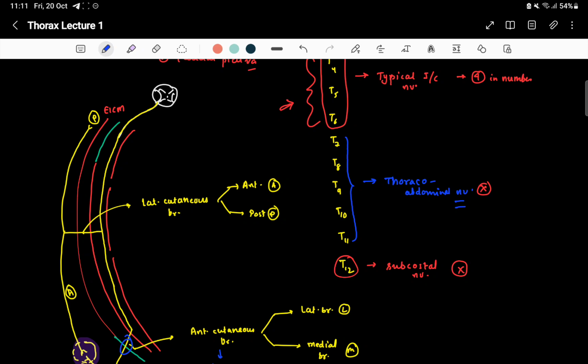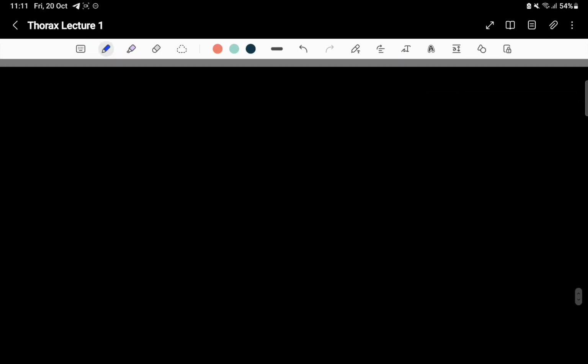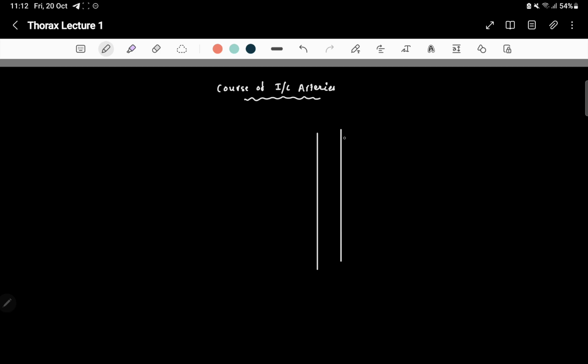Then we are going to see how the arteries are supplying: the intercostal arteries, the course of the intercostal arteries. So let's say here is your sternum.